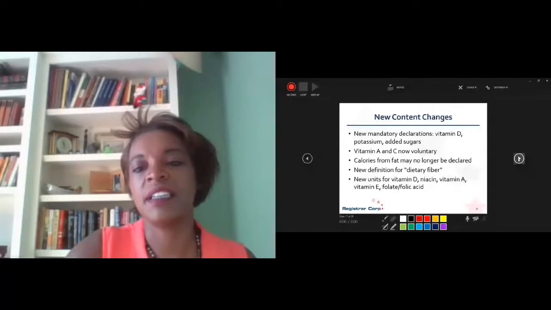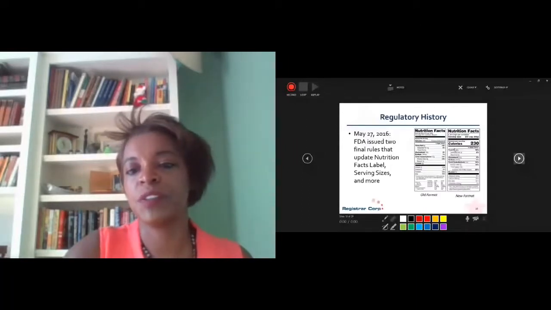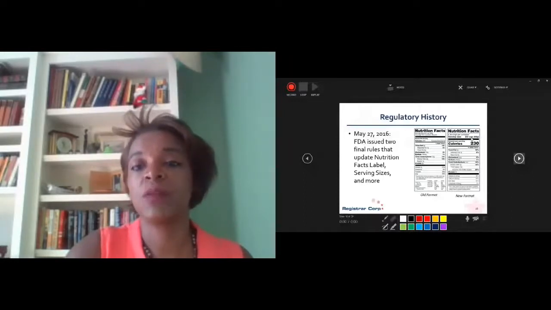So you'll see again in this label here that the calories are now larger, 230. You're going to see that. The serving sizes have changed. FDA has recognized the fact that Americans are eating, a serving to an American might be different than that of a European or someone from Africa. So they want to make sure they've updated the serving sizes.